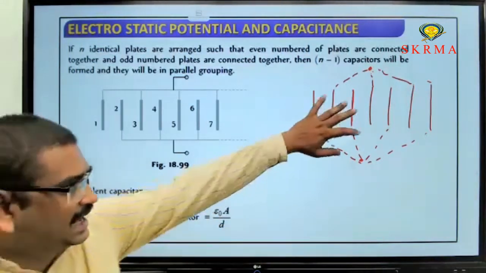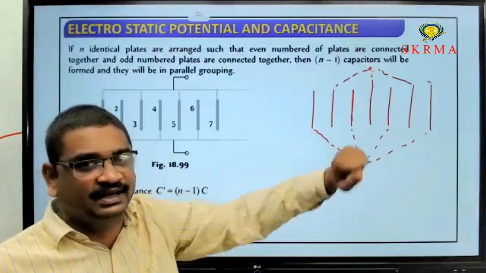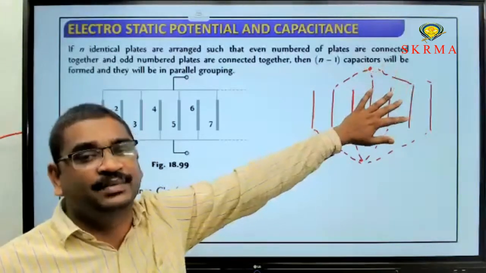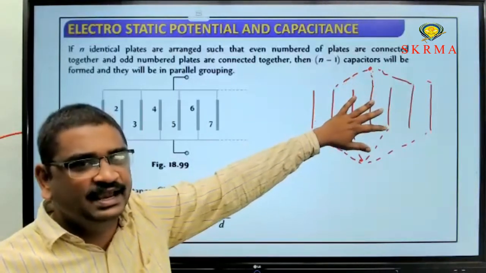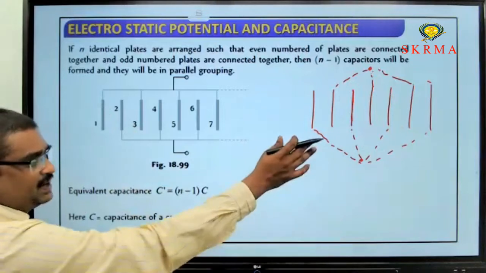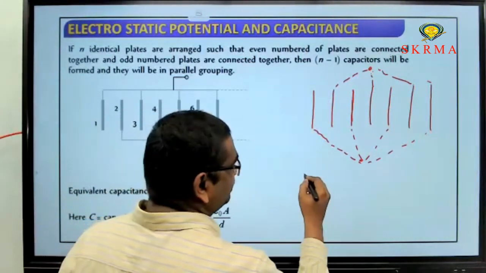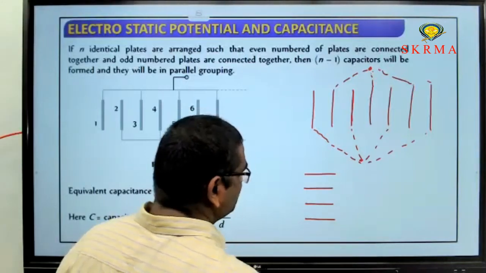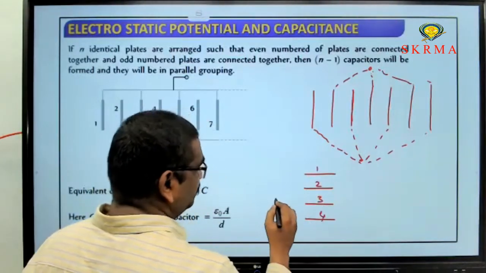If you connect like this, then we need to take this as a parallel combination. For example, here there are four capacitor plates: 1, 2, 3, and 4.